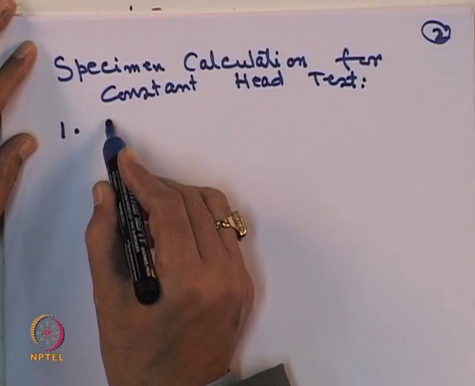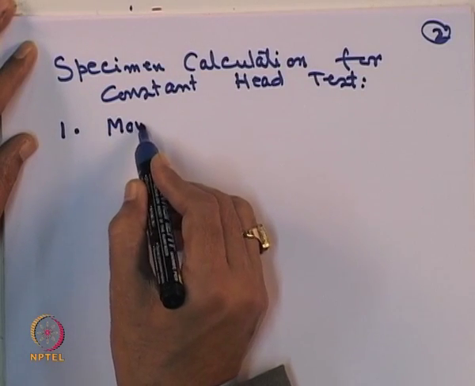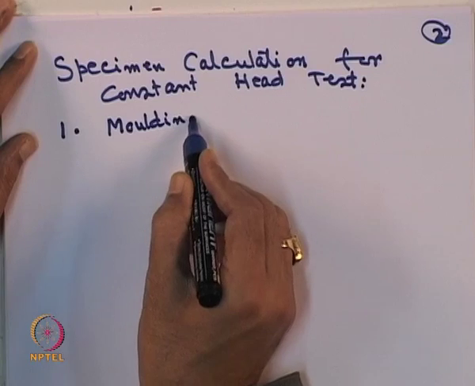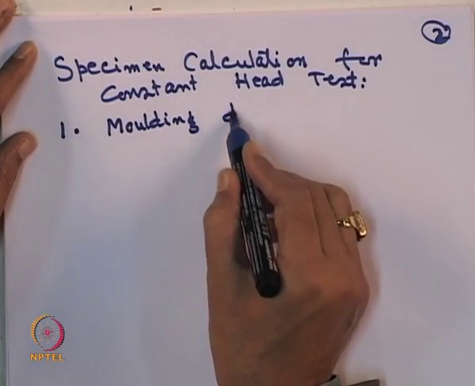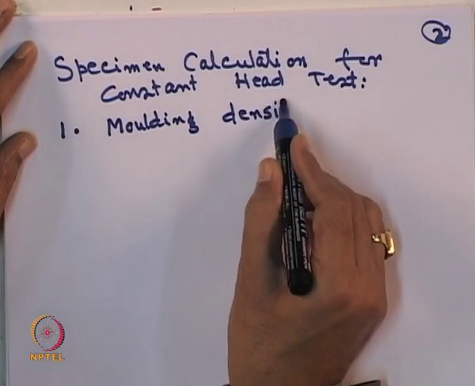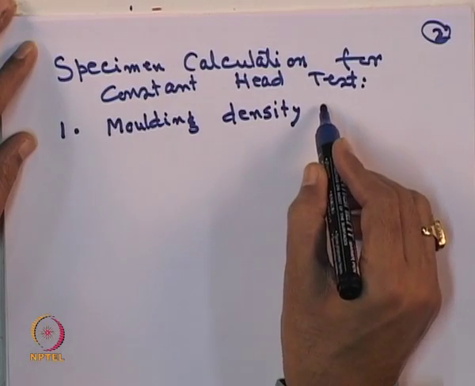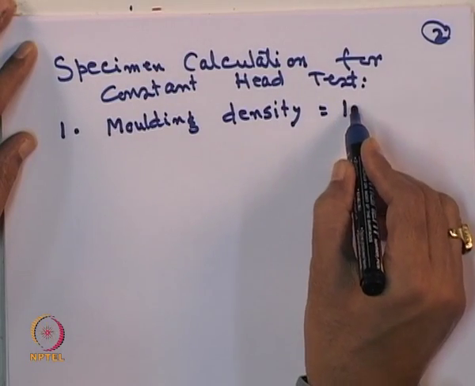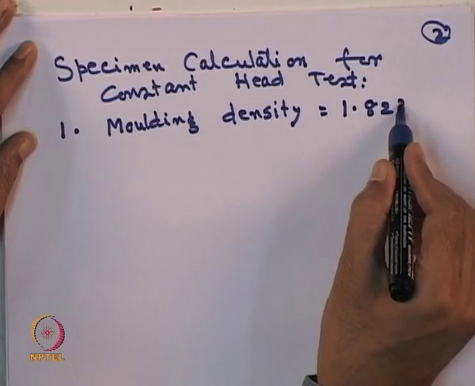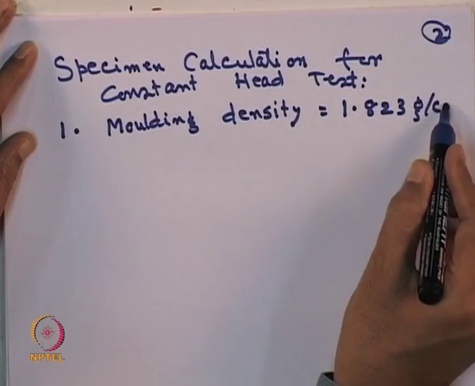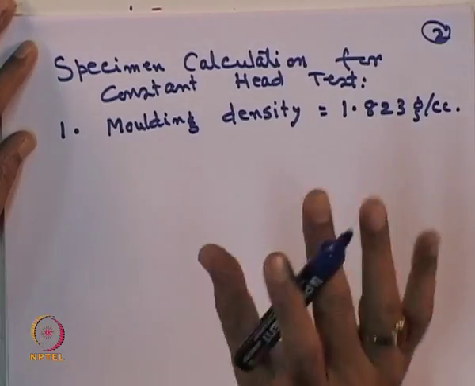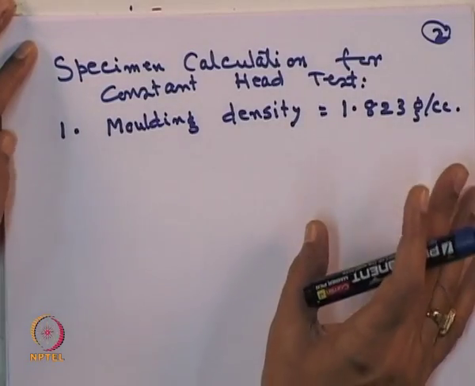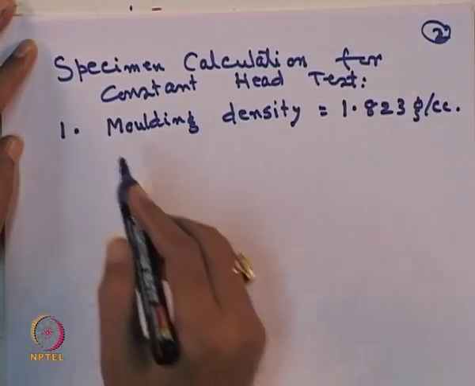So you know that the molding density of the sample is 1.823 gram per cc. So you have calculated the density of the sample.